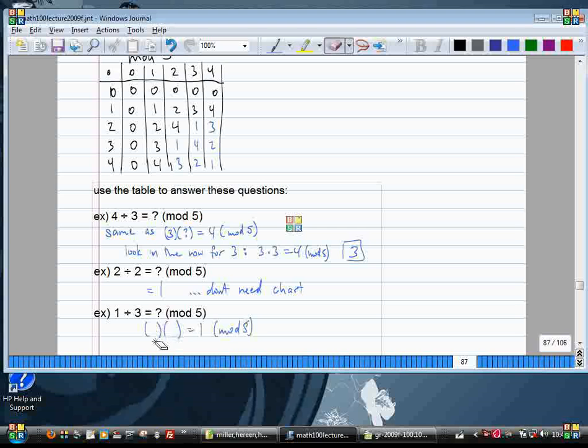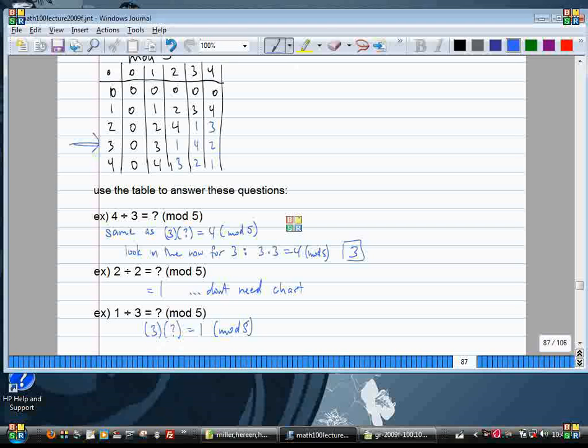I prefer to think of this as 3 times what? You're looking at 3's. This means you have to look here where there's a 3. Does everybody remember how to use a multiplication chart? Okay, great. So usually we would just do 3 times a number and then look for the result.